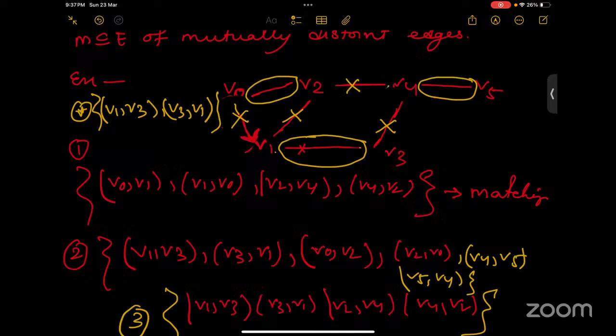Again, as with the independent set, in the case of matching also, what is not trivial is to find the maximal matching. Agree? That means the maximal number of edges that can be present in the set which are mutually disjoint.